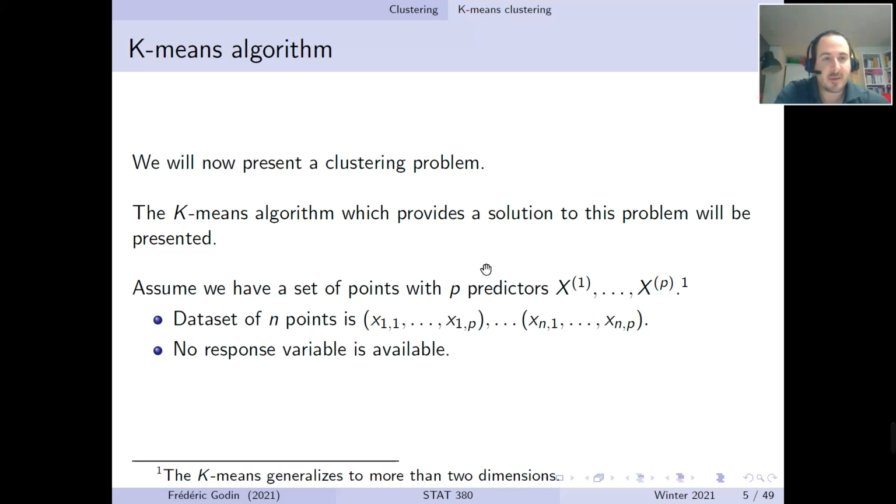You have n points, each containing p predictors. Here x11 until x1p is the set of all predictors for observation 1, and xn1 until xnp is the set of all predictors for observation n. Again, here there's no response variable, so we want to find the pattern within the predictors instead of linking predictors to some response variable.